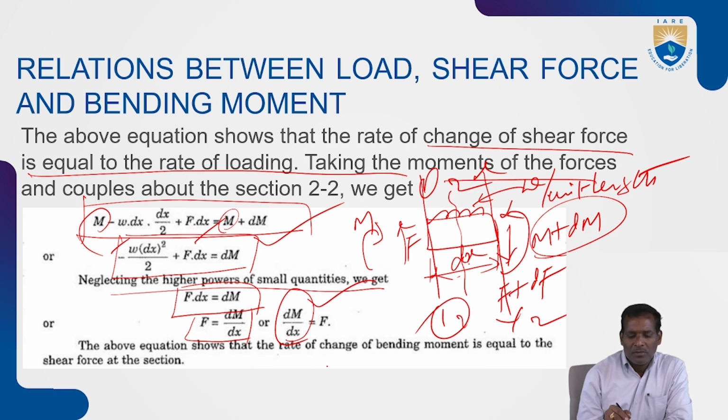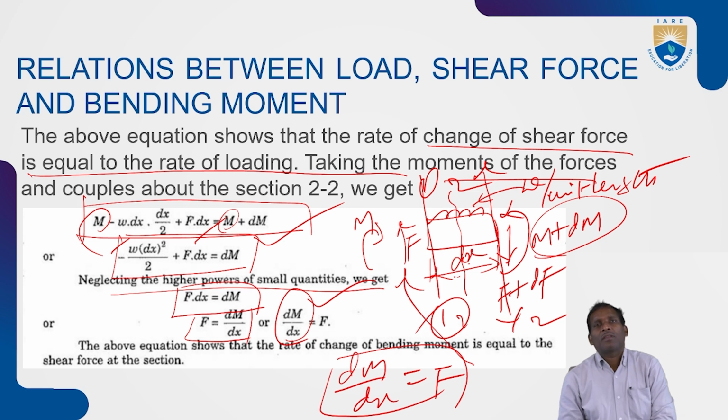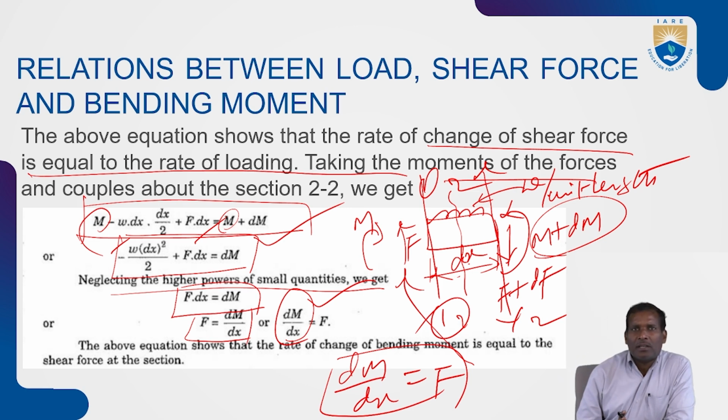So the rate of change, dM by dx, is equal to the shear force at that section. This is the relation between the load, the shear force and the bending moment.